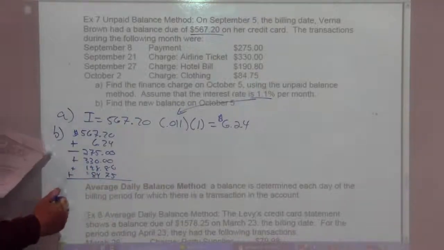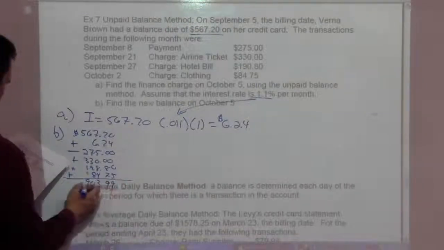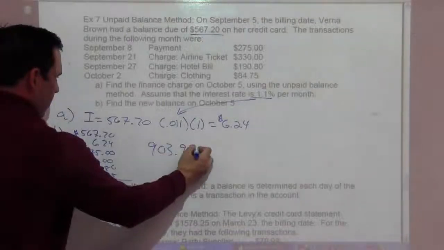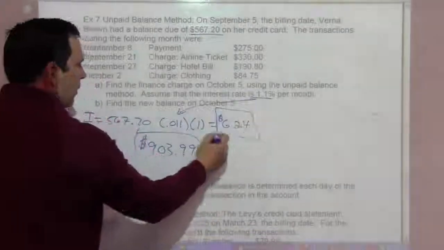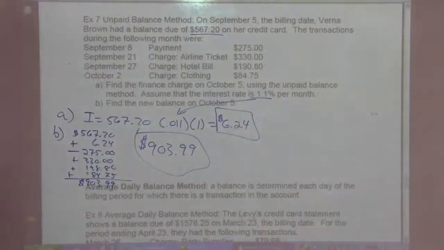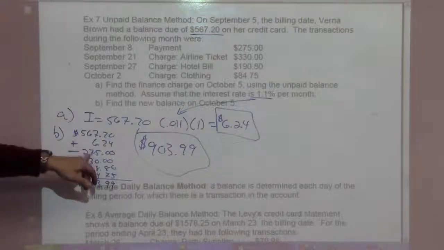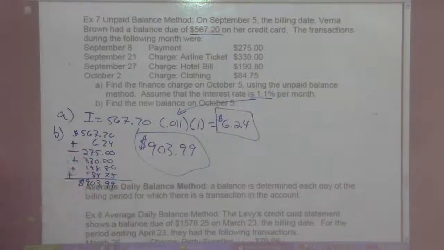This gives us a total of $903.99. This would be her new balance due. So it has a previous balance with a finance charge, take away the payment she made, add on the new charges.